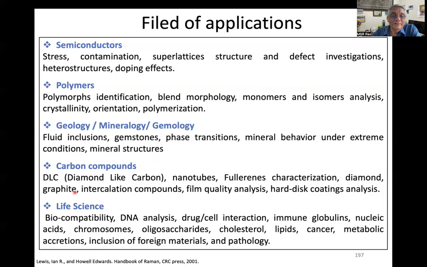Because in each case, DLC, nanotubes, diamond, graphene, right? Even though all these are made of carbon, the structures are different. The crystal structures are different. So the bond distances, bond angles are different. The technique to be used is Raman spectroscopy.